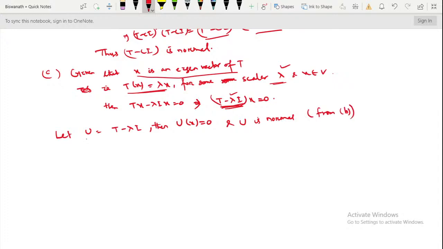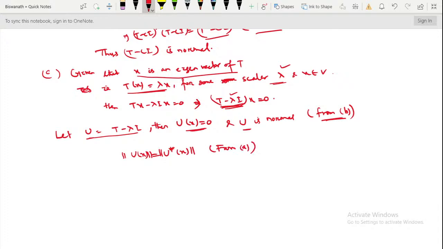This thing is proved in the last bit. So if U is normal, then from bit a you can say norm of Ux is equal to norm of U star x.